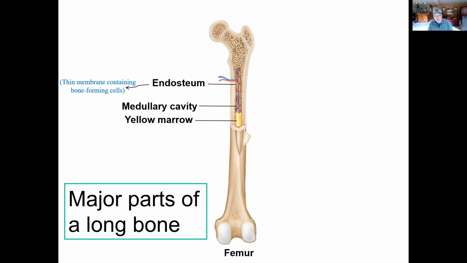So don't confuse periosteum with endosteum. Endosteum is lining the inner medullary cavity. And we will talk more about the role it plays a little bit later in helping to make bone. So the periosteum and the endosteum are pretty important membranes.